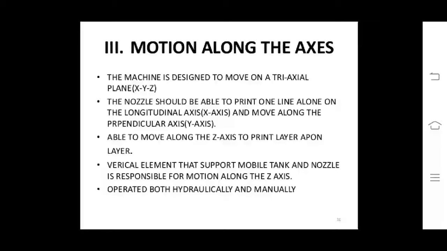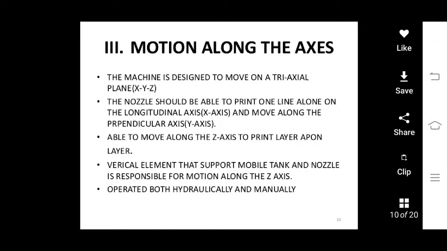Motion along the axis. The machine is designed to move on a triaxial plane XYZ. The nozzle should be able to print in one line along the longitudinal axis, the x-axis, and move along the perpendicular axis, the y-axis.